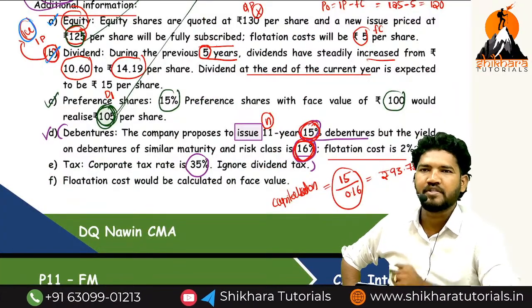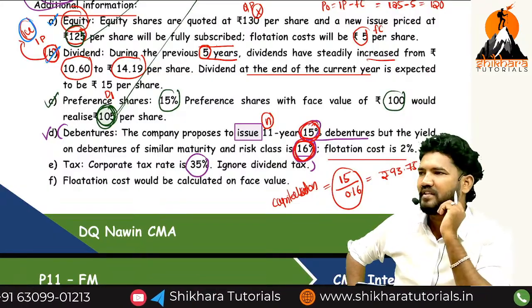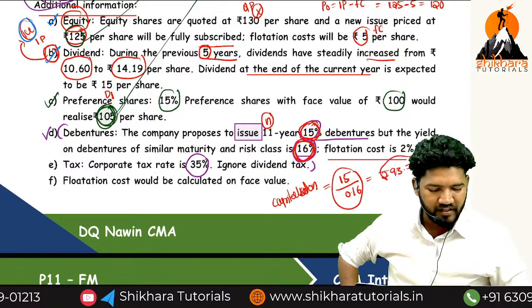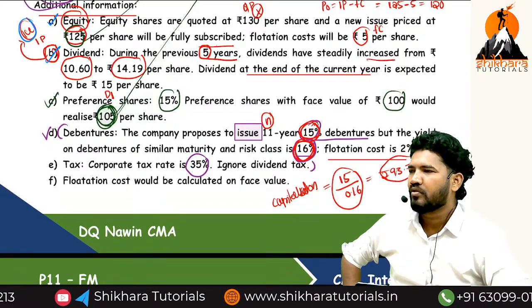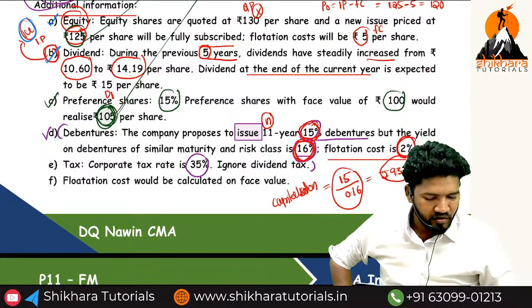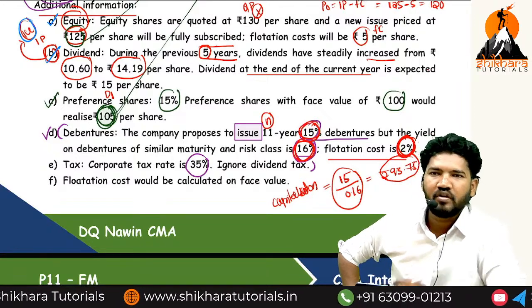Per debenture I am receiving 15 rupees. Per debenture capitalization rate is 16%. Now you will get the per debenture capital value, which is nothing but the capital value. This I issued at a discount. On this, 2% flotation cost is there. On issue price or 100 rupees?